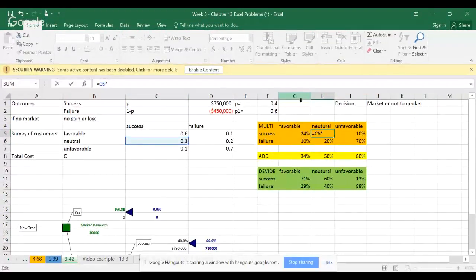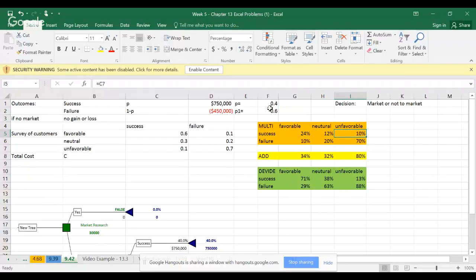Okay. So, I don't have a clean way to copy and paste this because of how the charts are set up. I mean, I could do a transpose, but I'm not going to do that. All right. Since these were all successes, I multiplied the chance of success by the chance of success within the population.